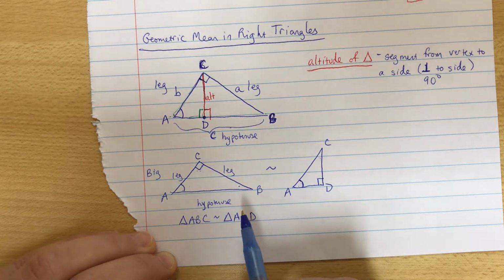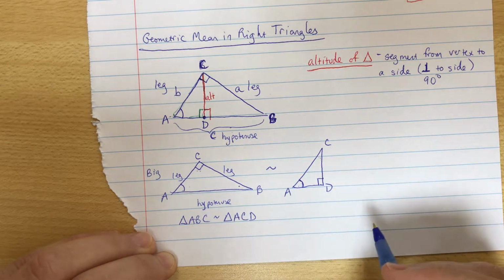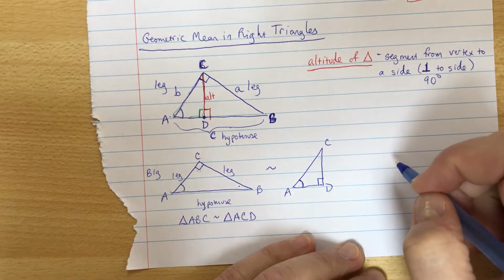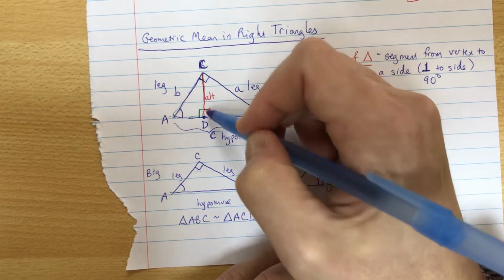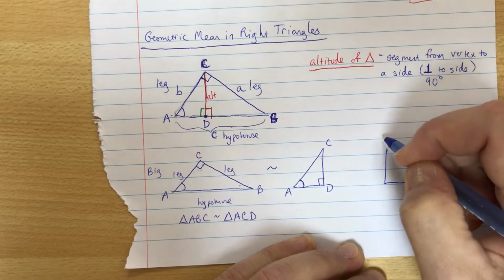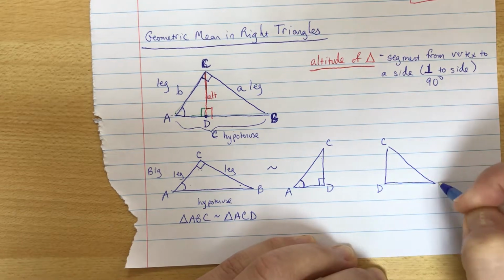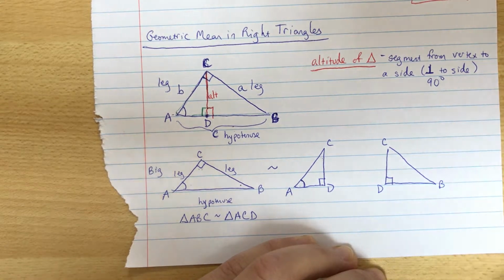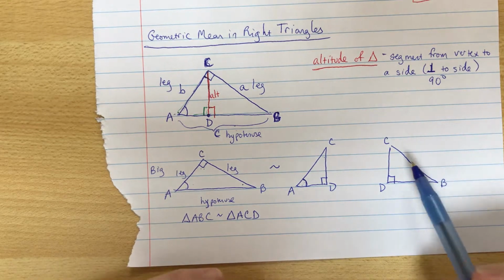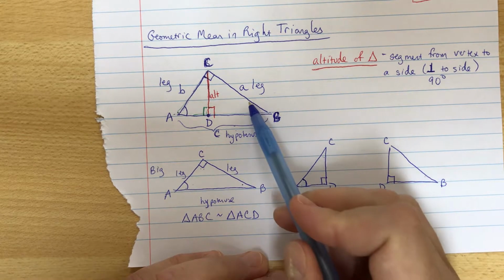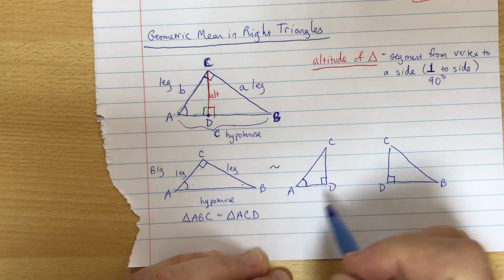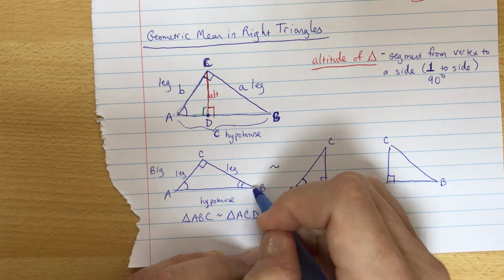Now, at the same time, let's compare that to the other small triangle. Over here, I'm going to draw triangle CDB, which is another right triangle. So there's C, D, and B. Angle D is again the right angle. Now, in this case, notice that these two triangles both have angle B. So down here, I'm going to label angle B with two arcs.